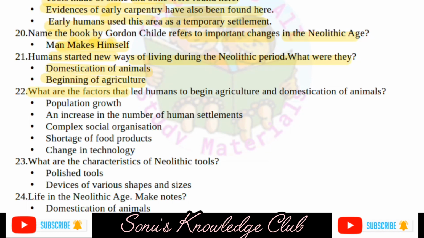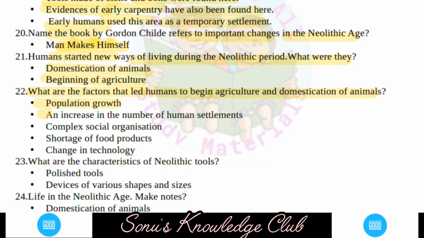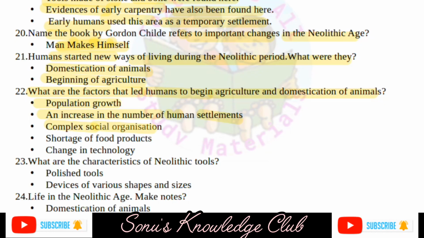What are the factors that led humans to begin agriculture and domestication of animals? Population growth, an increase in the number of human settlements, complex social organization, shortage of food products, change in technology.